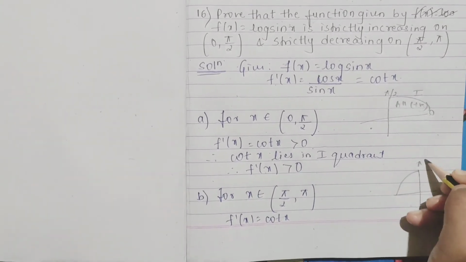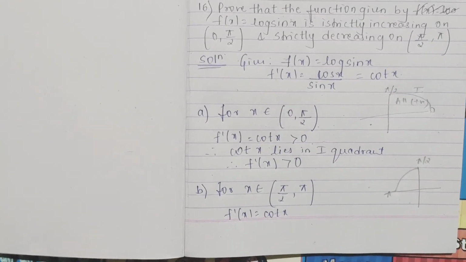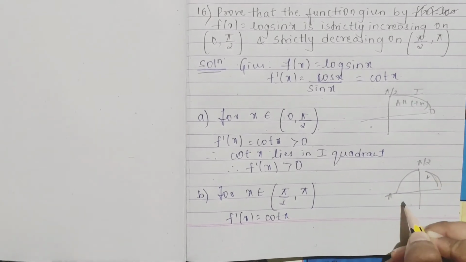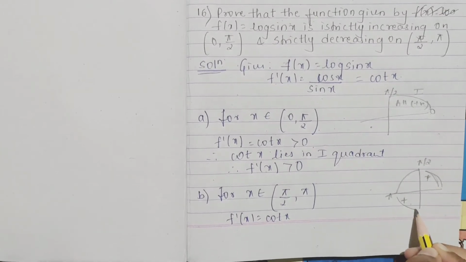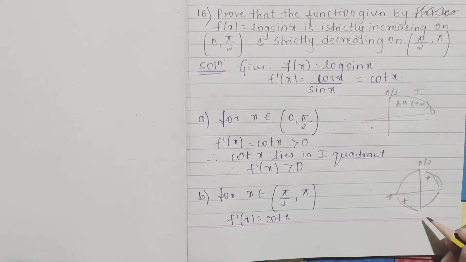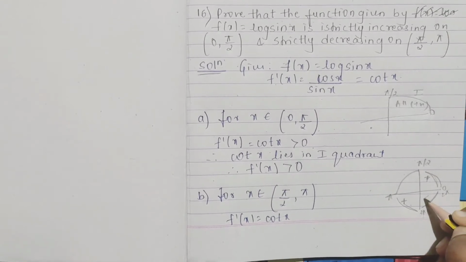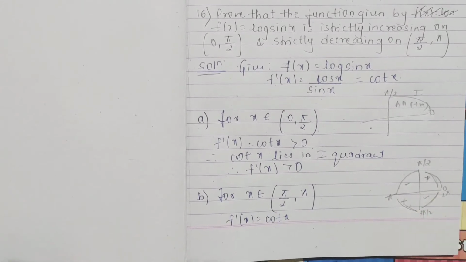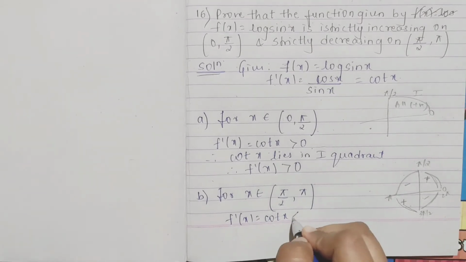As we know, cot x is positive in the first quadrant, that is 0 to pi by 2, and in the third quadrant, that is pi to 3 pi by 2. In the second and fourth quadrants it is negative. So pi by 2 to pi is in the second quadrant, so obviously this is negative.